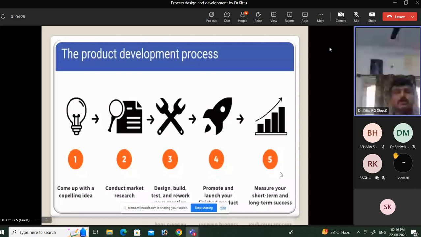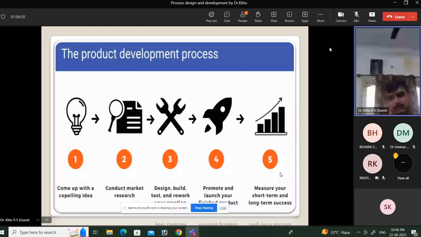Then finally, you should measure your short-term and long-term success. So what is short-term and long-term success? Sir, we have already promoted and launched our well-designed product or service. How are we able to measure our short-term and long-term success?